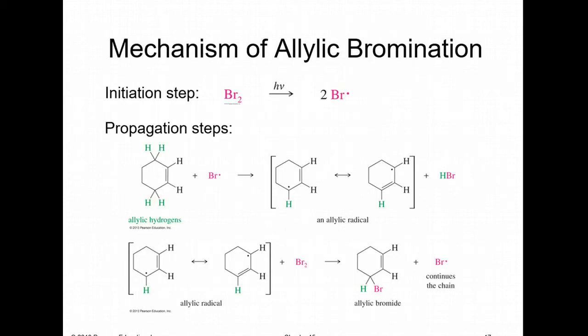So just to remind you what the mechanism is for radicals: you have an initiation step, which is the breaking of your bromine, which is not the important step. It's the propagation that's the important step. Once you form your radical, remember it resonates. Remember the arrows for radicals are half-headed arrows.